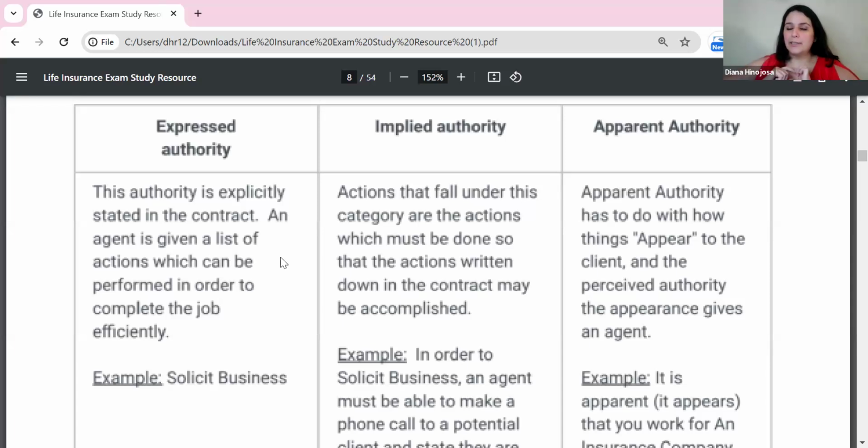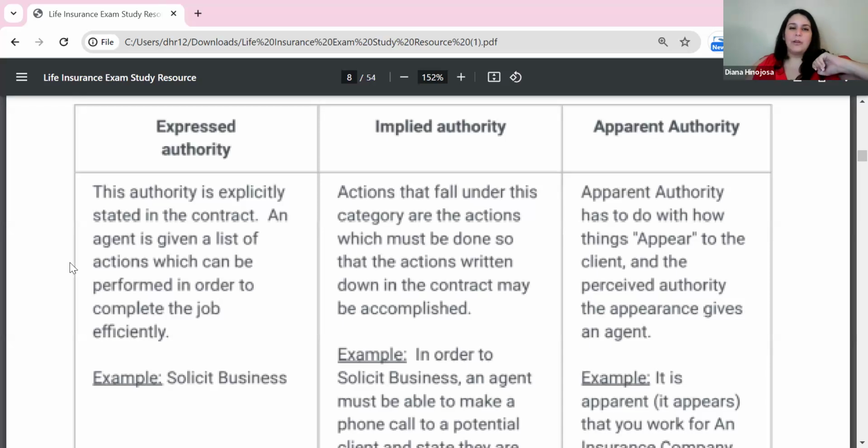You gave them a business card. That logo's on the business card. It says Mutual of Omaha Insurance, your name, your picture, whatever. It looks legitimate. It looks professional. Then I'm giving you that authority that's not even real. It's literally just based on appearance. It is apparent. And that is your 3 types of agent authorities.